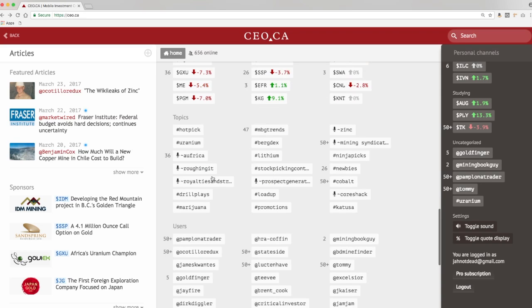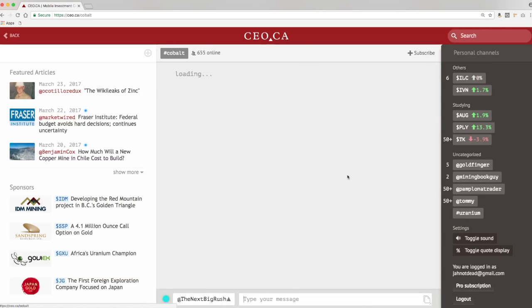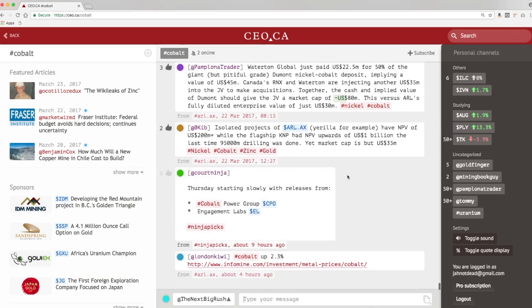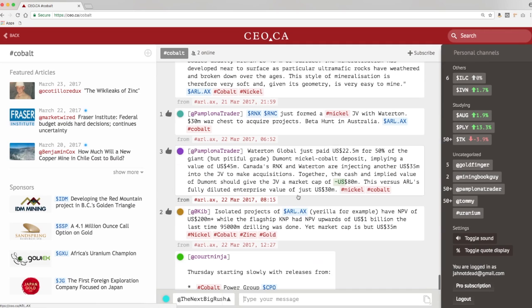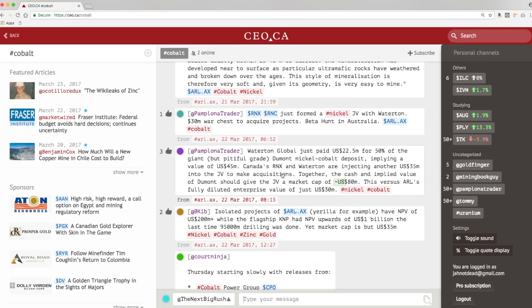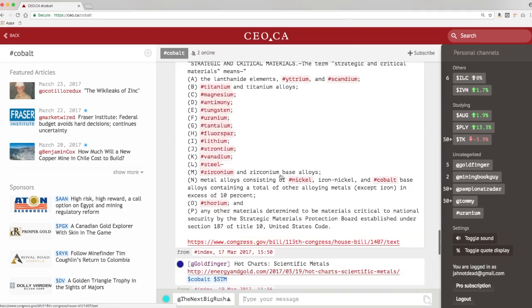You can also see drill plays, marijuana, promotions, load up, which is a technical term for somebody who wants to pump their stock. You can take a look at cobalt. That interests me. Let's take a look at that. Okay, here you will see that people are talking about Cobalt Power, Ardea, which is actually a company that I want to add to my list. So I can go there and subscribe. And that's how you find out about new and hot topics.